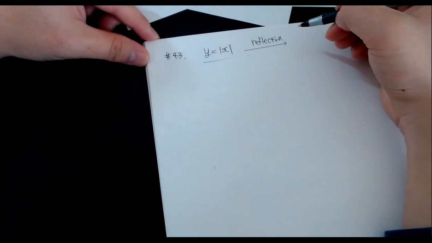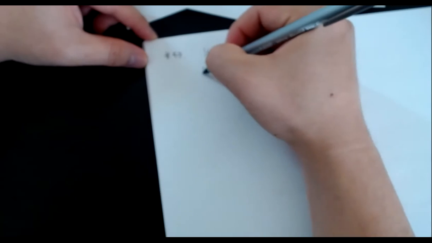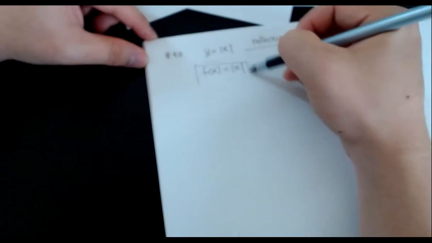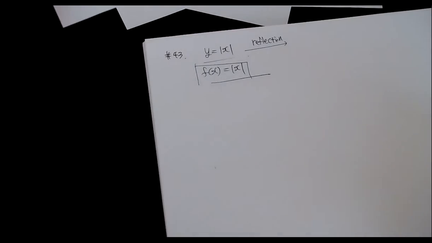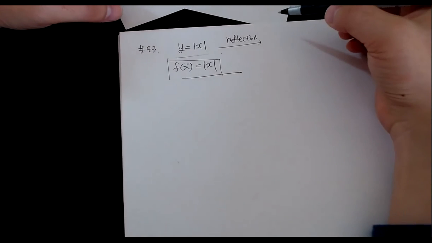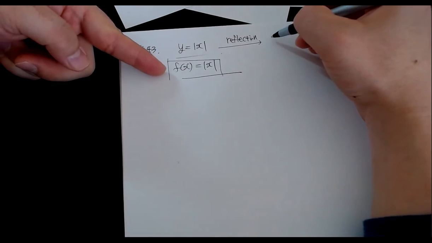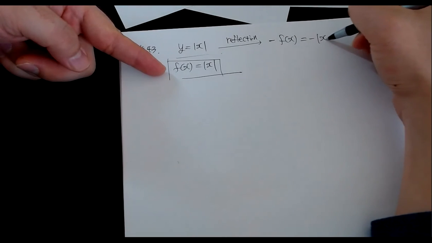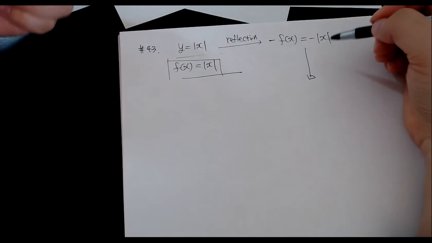Let me use function notation instead of y. So let me use f of x instead of y. So if you reflect the graph of f of x about the x-axis, we get minus f of x, which is negative absolute value of x, right? And then this is stretched by a factor of 3.